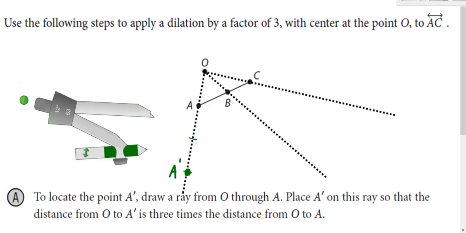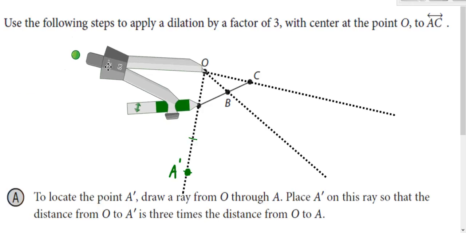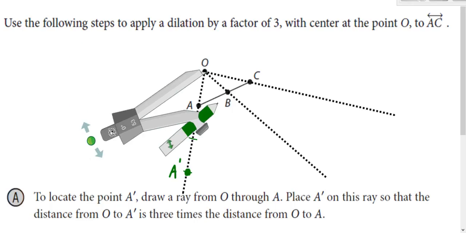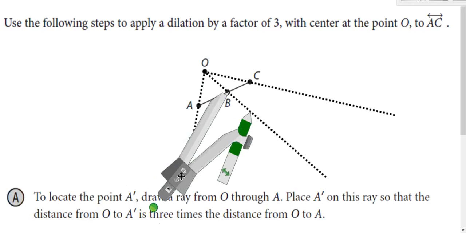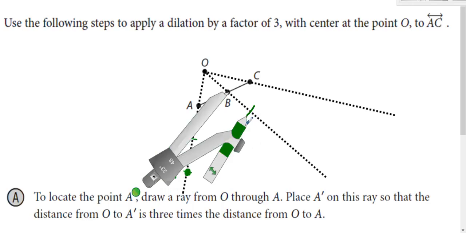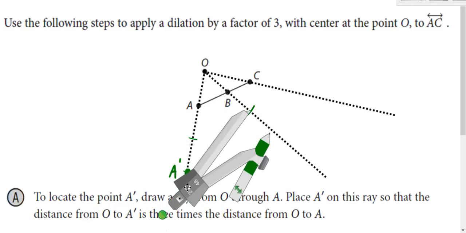Now our scale factor is 3, so we move our compass to measure from O to B. That's one length. Do it again to get 2, and then do it one more time for a scale factor of 3.